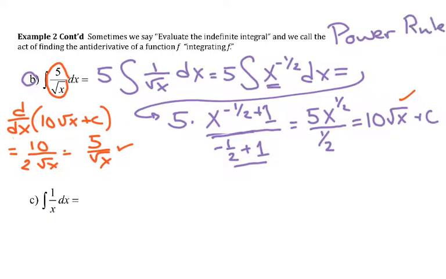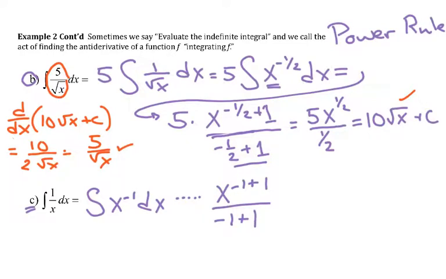Now suppose you tried to use the power rule here. So you write this as x to the negative 1 dx. What would happen is you'd get x to the negative 1 add 1, divided by the new exponent, plus c.